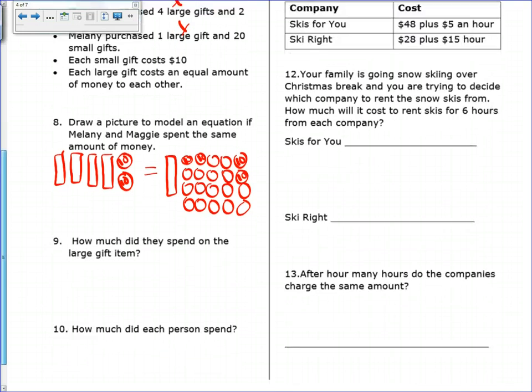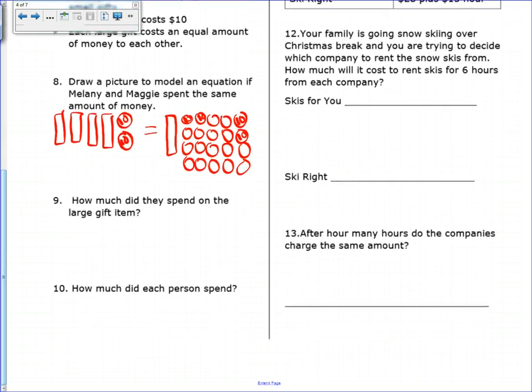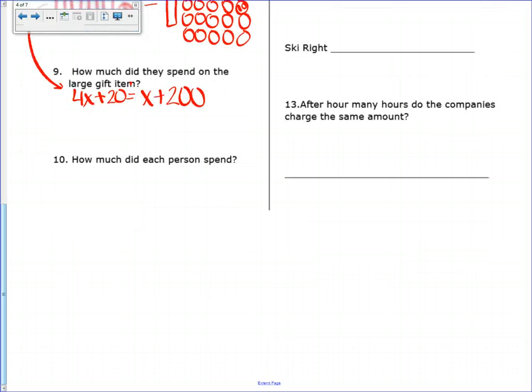Okay. So on number 9, where it says how much did they spend on the large gift item, we're going to take this picture that we drew in number 8 and convert it into an equation. So my 4 x's plus, remember each of my counters is worth 10, so plus 20, equals 1x plus, I have 20 counters times 10 is 200 for Melanie. And now we're going to solve.